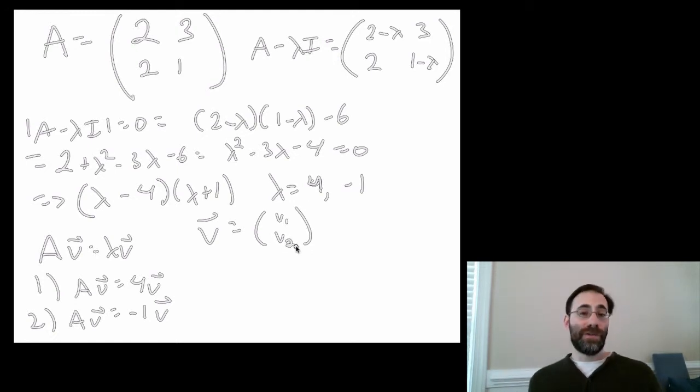We want to solve for both V1 and V2, and that would tell us what the eigenvector V is. Now that's fine and all, but note a couple of things. One, we actually have a linearly dependent set of columns and rows here. We don't actually have enough to solve for two unknowns. We don't have two unique equations.